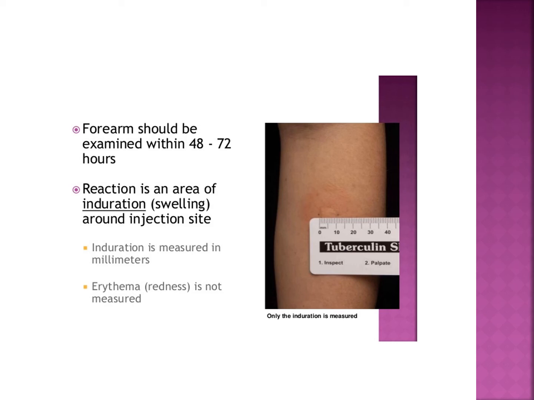That measurement or assessment of the lesion would help you to suspect Mycobacterium tuberculosis. It depends on the measurement or the size of the reaction, where you confirm the diagnosis of Mycobacterium tuberculosis.